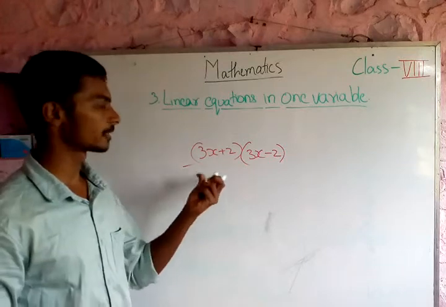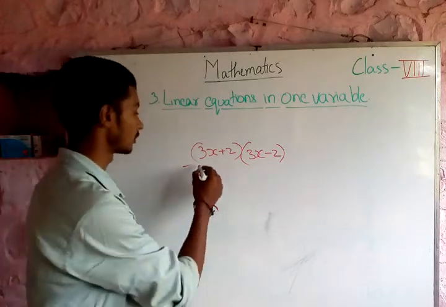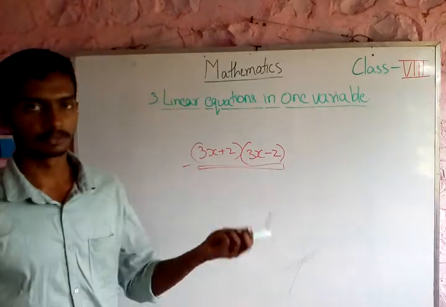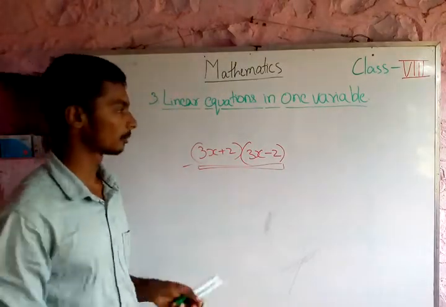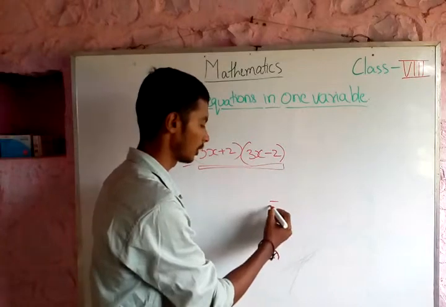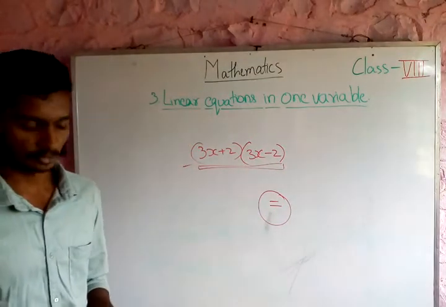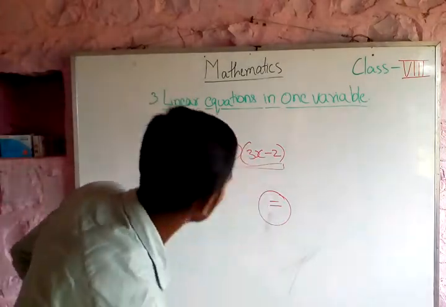These are expressions. Why? These are mathematical statements, and mathematical statements of this kind, or any mathematical statements without any equal to symbol, are called expressions.